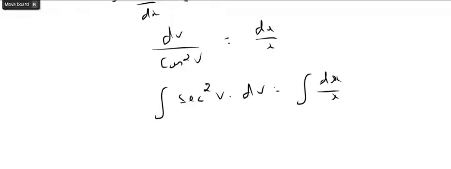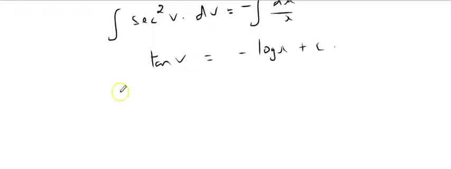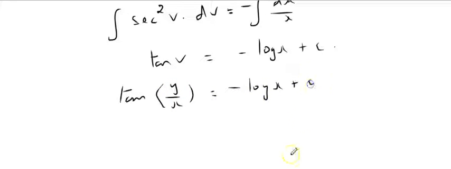Now integrating on both sides, I will get tan v = minus log x + c, where you have a minus symbol here. Now you can substitute back for v as y/x. So that will give tan(y/x) = -log x + c.